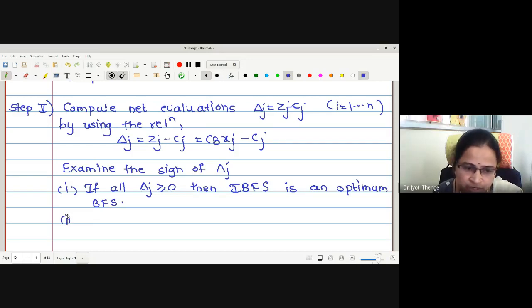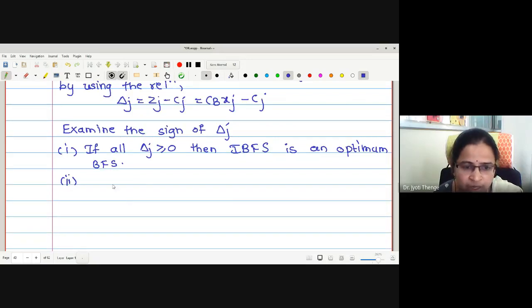Now the second one is, if at least one delta j is negative, we have to go for the next step. If at least one delta j is less than 0, proceed to the next step.